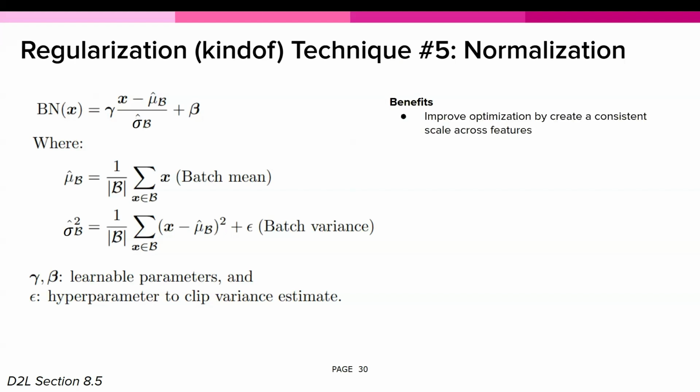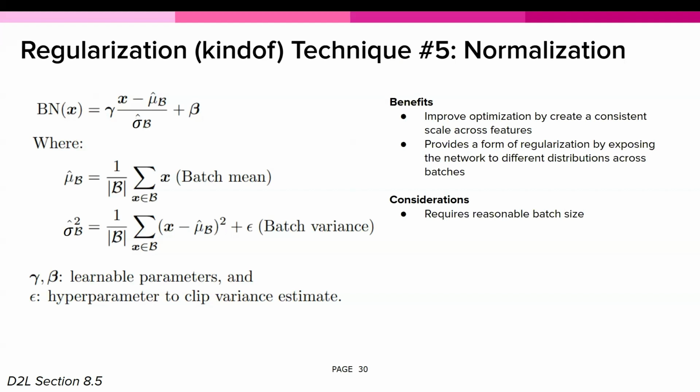So in terms of benefits, it allows us to improve optimization by creating that consistent scale across features. We talked about how it's providing a little bit of regularization. We do need that reasonable batch size, like I said.